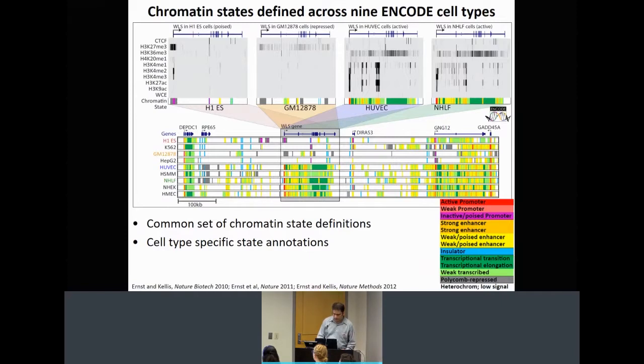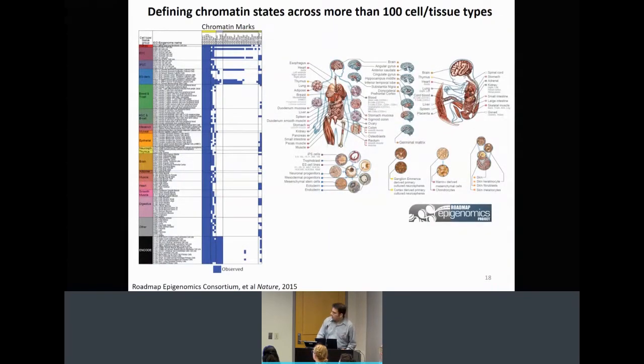So that was in 9 ENCODE cell types. I've worked with the Roadmap Epigenomics Consortium, which tried to systematically map a large amount of primary cell and tissue types with various different histone modifications. And what you're seeing here is a grid where blue means that a specific mark was observed in a specific cell type.